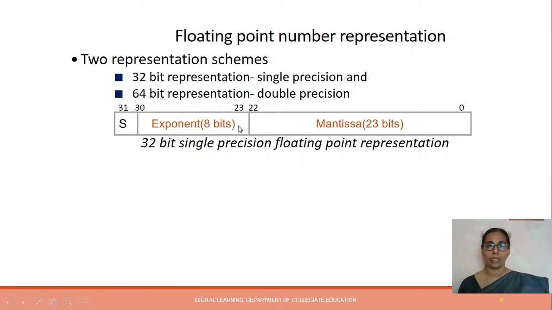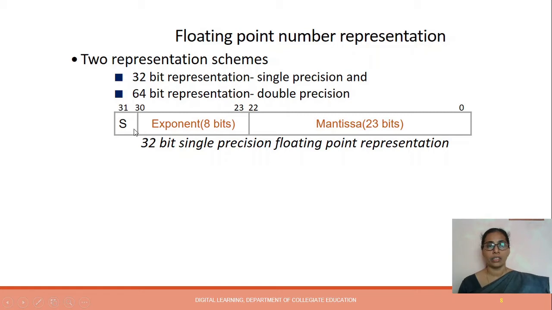There are two representation schemes for floating point numbers: 32-bit representation and 64-bit representation. 32-bit representation is known as single precision representation, and 64-bit representation is known as double precision representation.